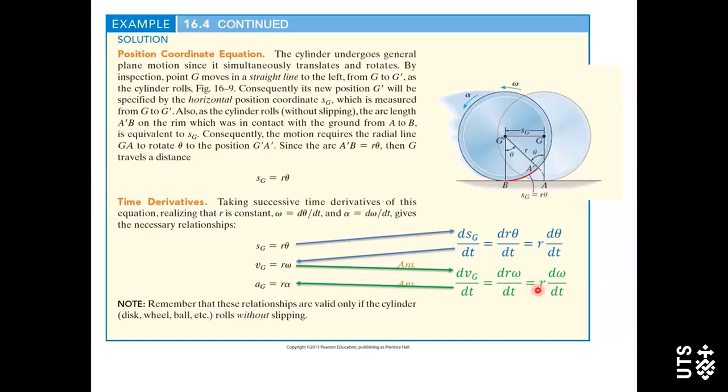Again, it can be rearranged to r dω/dt. dω/dt gives us alpha.